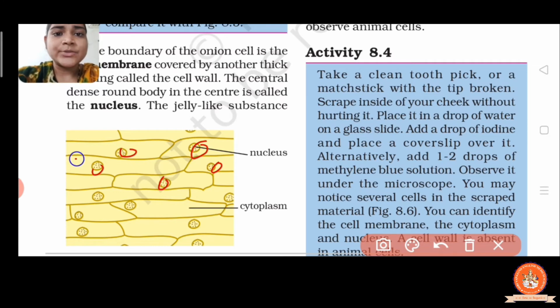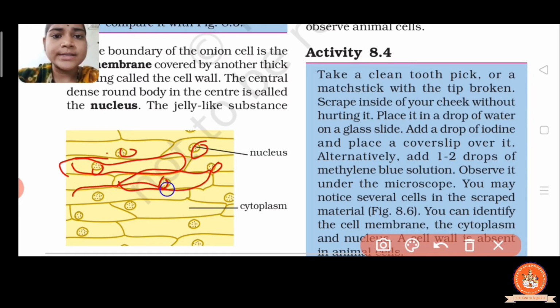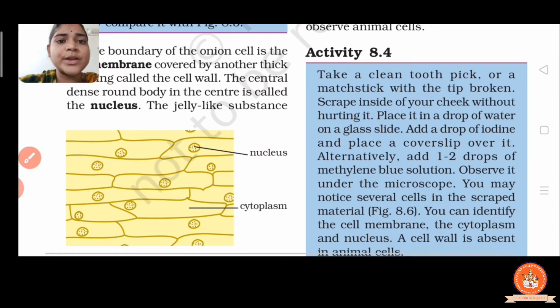This is a single cell only, but the function of the nucleus is given to you. The circular-shaped nucleus is present in the center of the cell, and it is also the main component of the cell. We can say that it is the brain of the cell.